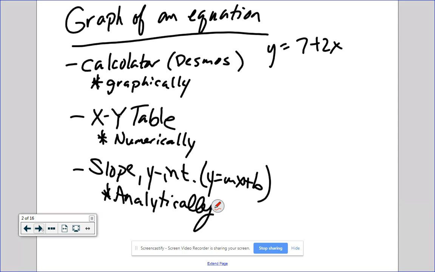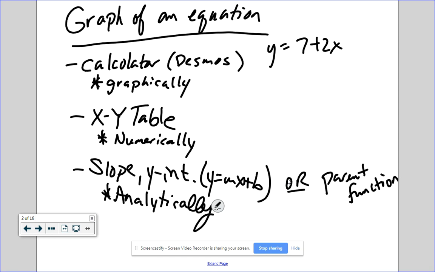And the last way, if it's a linear equation or based off of a parent function, you can use the slope, y-intercept, or parent function to do it analytically, based off of a formula: y equals mx plus b.